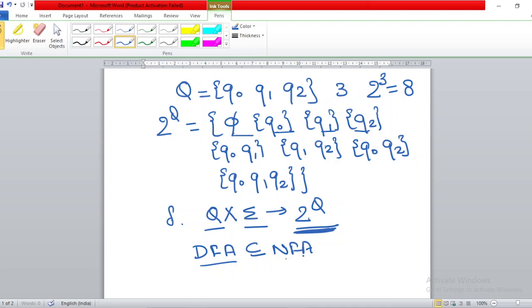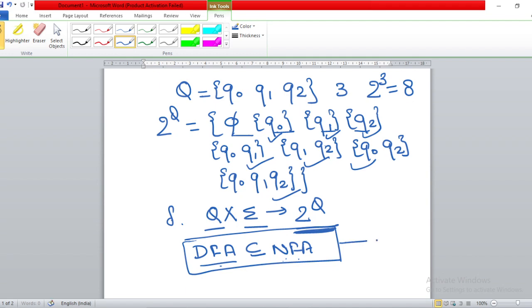In NFA also, for a particular state and input symbol, you can transit to a single state, like in this case and this case. But the difference is that you can also transit to more than one state. But in the case of DFA, it is not possible that you transit to more than one state. So we say that DFA is a subset of NFA, and you must remember this property, or the relationship which exists between the DFA and the NFA. All DFAs are NFAs, but not all NFAs are DFAs.